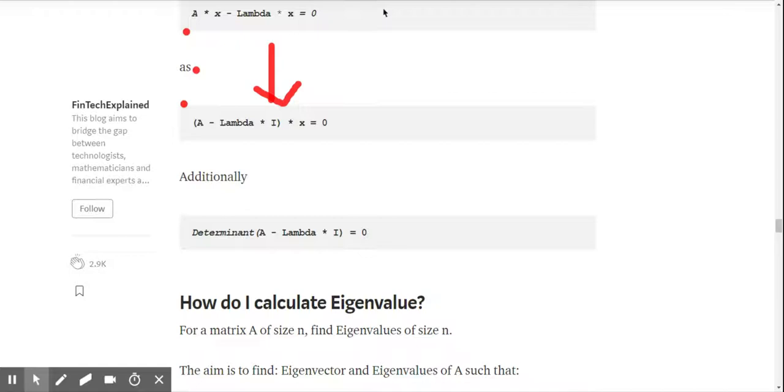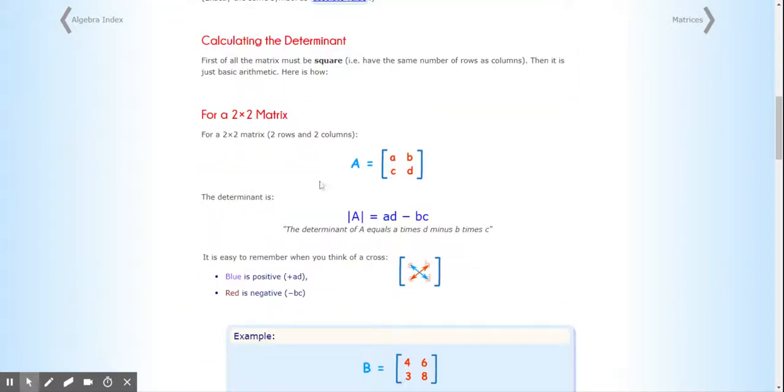These are vertical lines. Just to quickly show you what I'm looking at: the determinant of A equals A times D minus B times C.